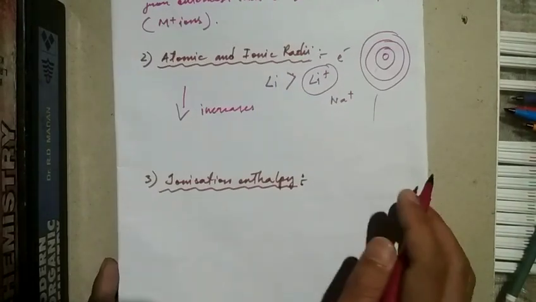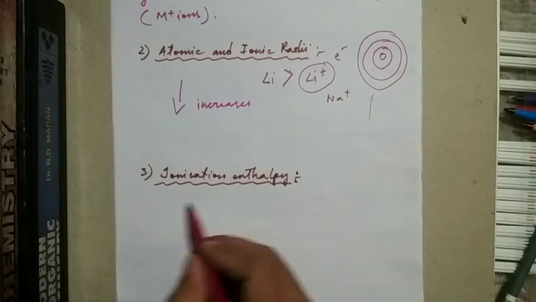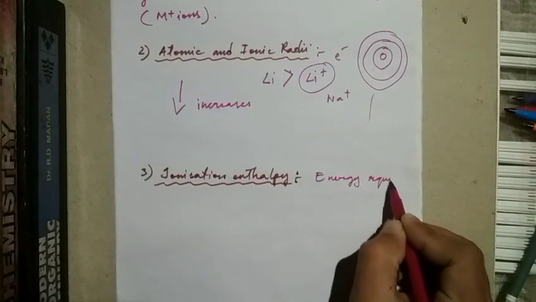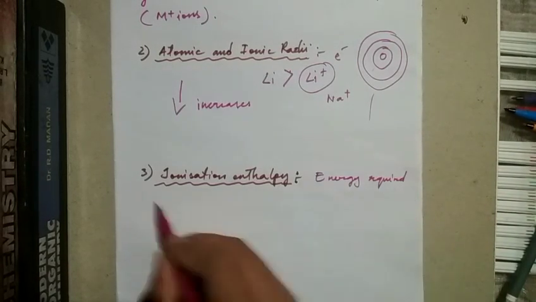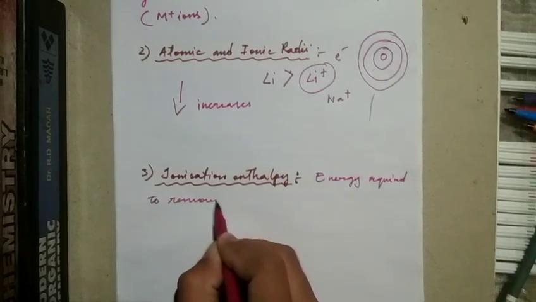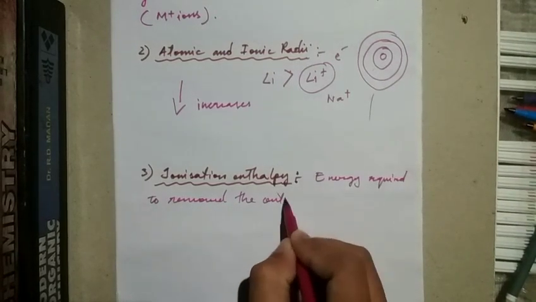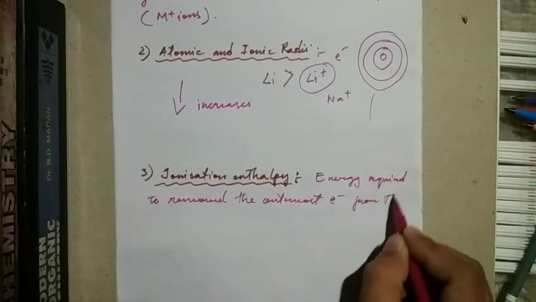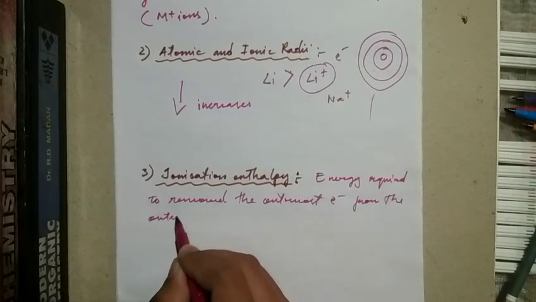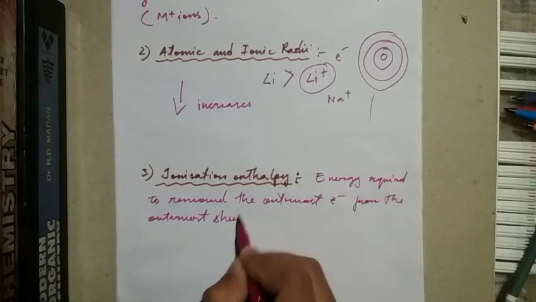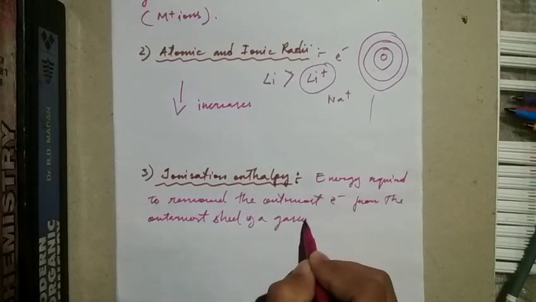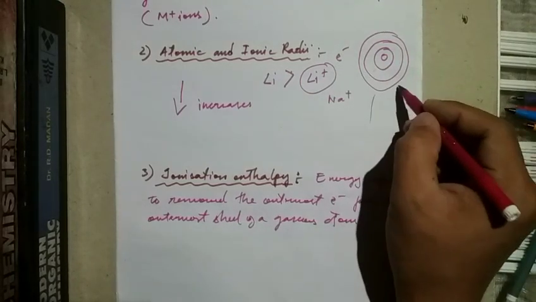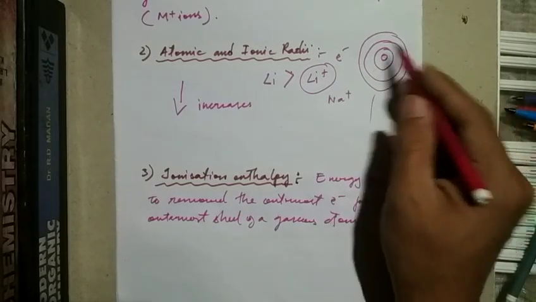Now ionization enthalpy. Ionization enthalpy is the energy required to remove the outermost electron from the outermost shell of a gaseous atom. Suppose the electron is present in the outermost shell.